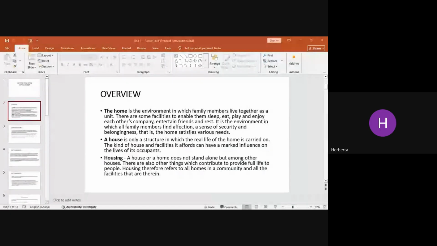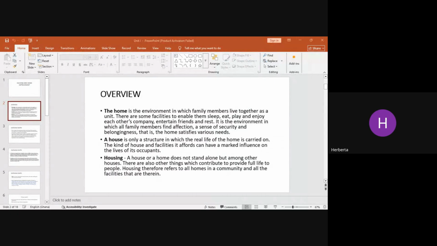You want to have a cozy environment, so maybe you fix a fan or you fix an aircon. All these equipment that you send to the house to make life comfortable for you to live in. When you send those items into the house and you start staying in that house, it ceases to be a house and it becomes a home.